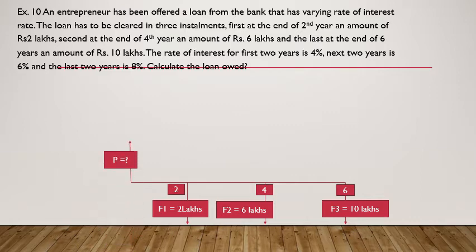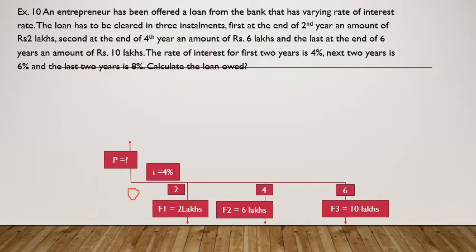And P is required, the loan owed. When do we take the loan? We take the loan at t is equal to 0. This is t is equal to 0. That is why P has to be calculated. In other terms, all these F should be converted into P at t is equal to 0.